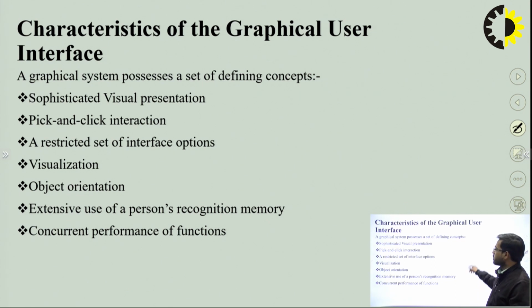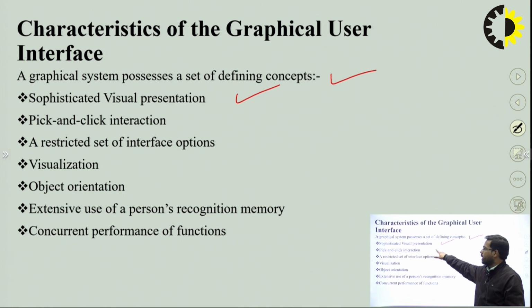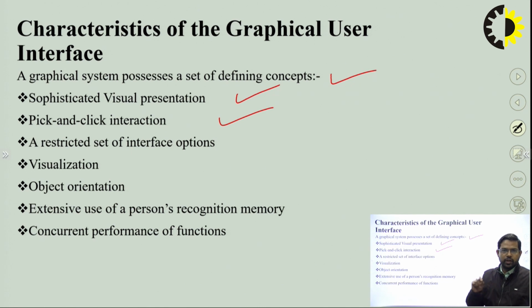So the graphical system possesses a set of defining concepts, different characteristics that we have to know about the GUI. First is sophisticated visual presentation, very neat, clear and balanced. Pick and click interaction, like with a mouse, first we have to pick, or point out that particular item, and then click.